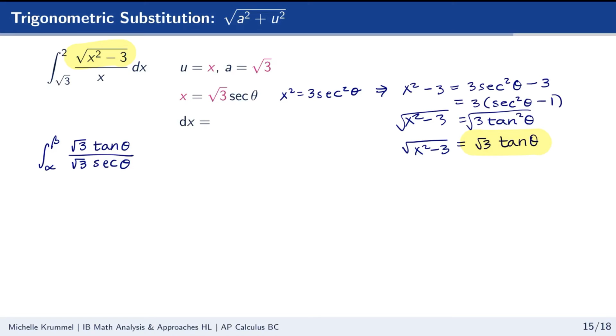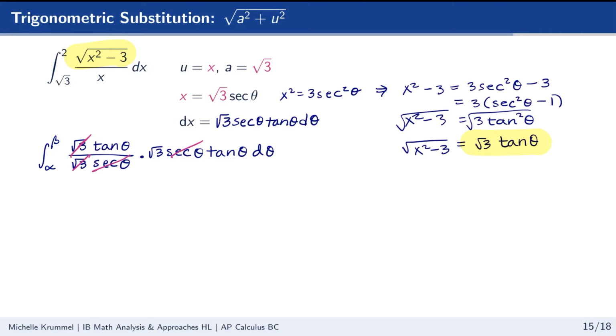And for dx, I haven't done that part yet, I'm going to take the derivative of both sides of this equation. So dx equals root 3, the derivative of secant theta is secant theta tangent theta d theta. Okay, root 3 secant theta tan theta d theta. And then we'll simplify.